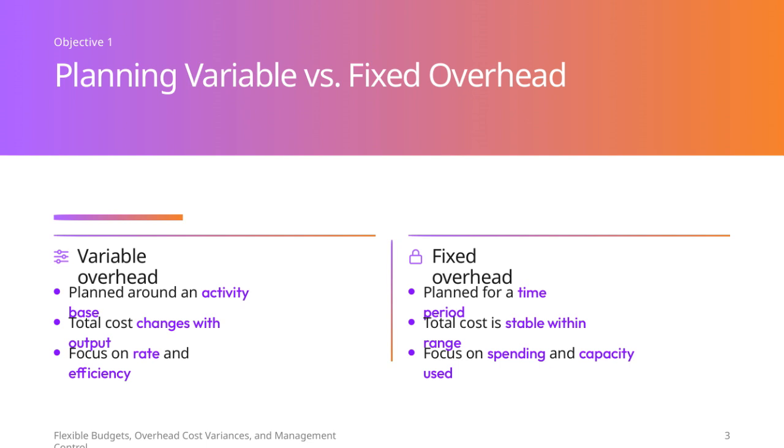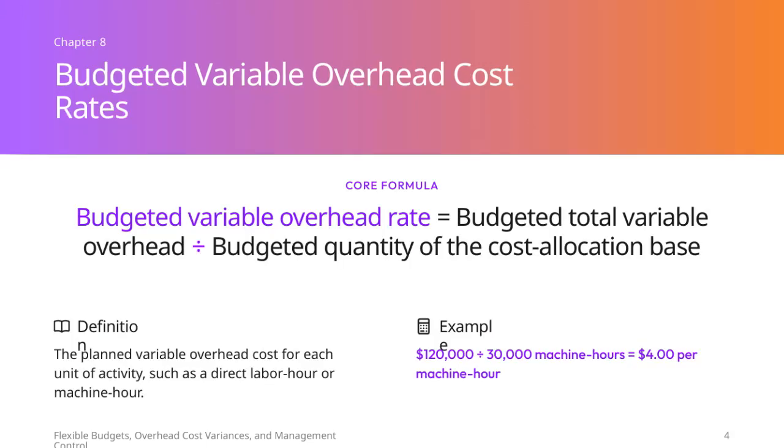effective control over expenses. On this slide, we're focusing on budgeted variable overhead cost rates. Essentially, this rate is calculated by taking the total budgeted variable overhead and dividing it by the budgeted quantity of the cost allocation base, which often is something like direct labor hours or machine hours. This rate represents the planned overhead cost for each unit of activity.